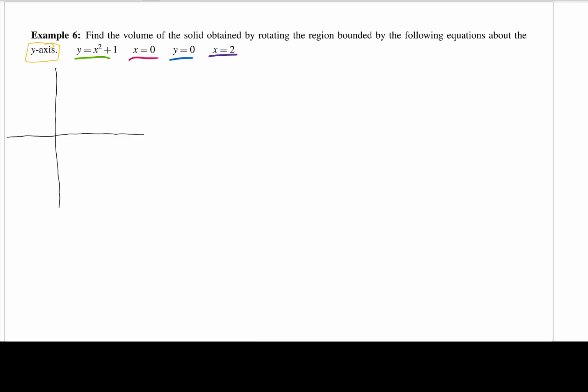So we have x equals 0, which looks something like this. This also happens to be the axis that we're revolving about. I have y equals 0, which looks like this.